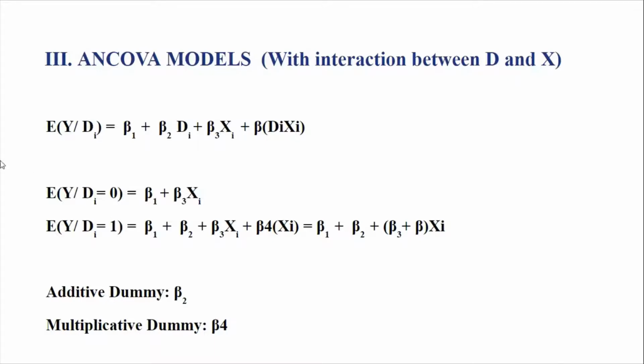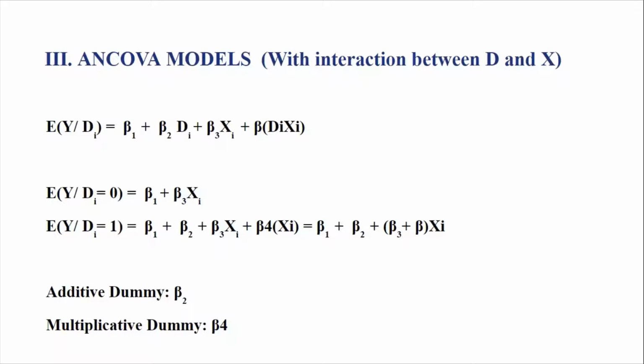So such kind of models are called ANCOVA models. So this is the case of ANCOVA models with interaction between dummy and quantitative. The previous one was the ANCOVA model without interaction between dummy and quantitative variable.